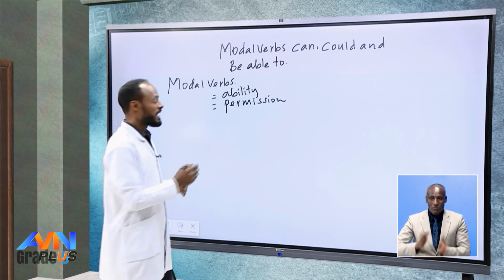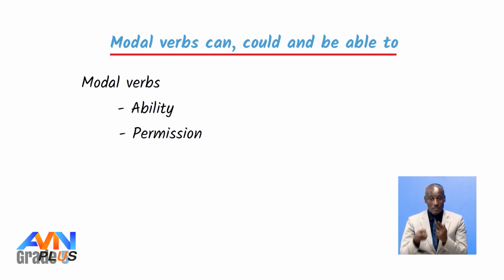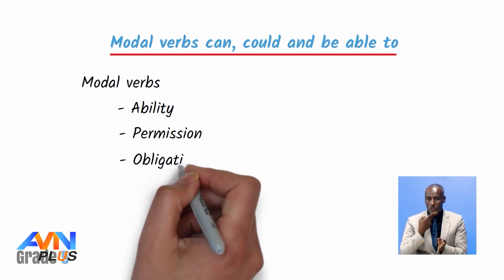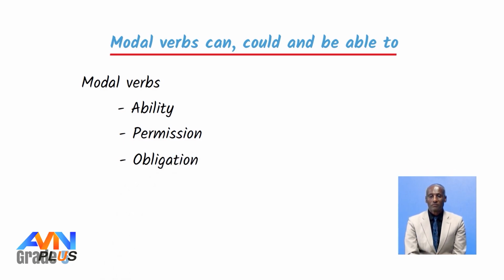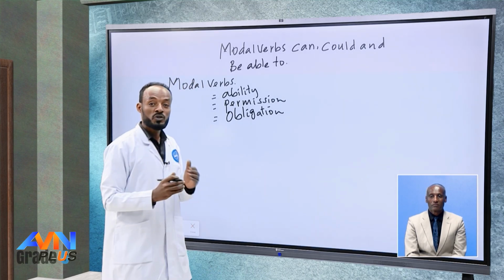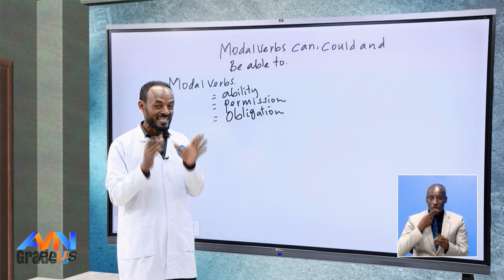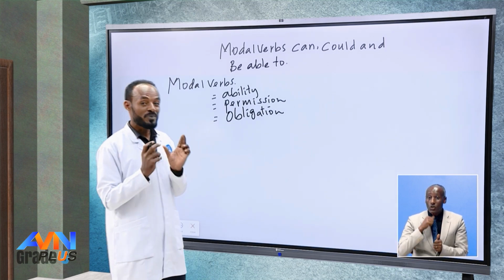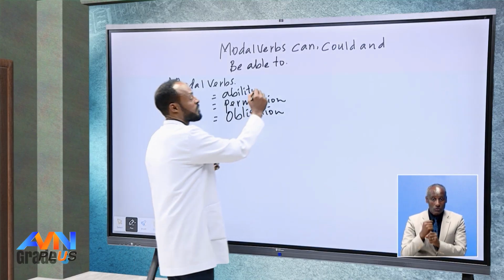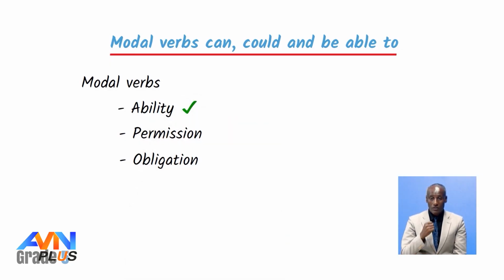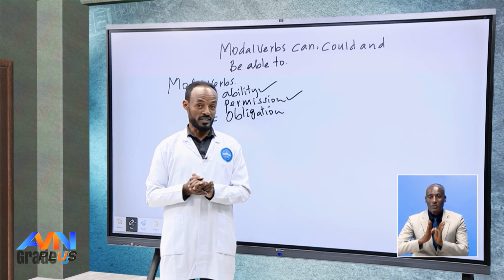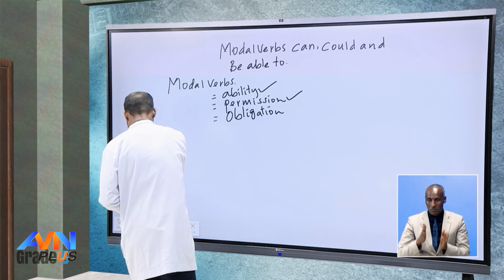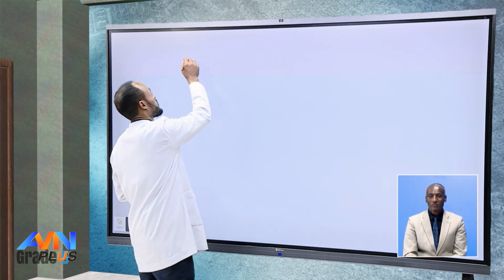Is that clear? We can also use modal verbs to express obligation, and prohibition, something which is not allowed to do. Is that clear? But our today's business is just on ability and permission. I hope you're ready. Okay? Good students. So, let's start with can.